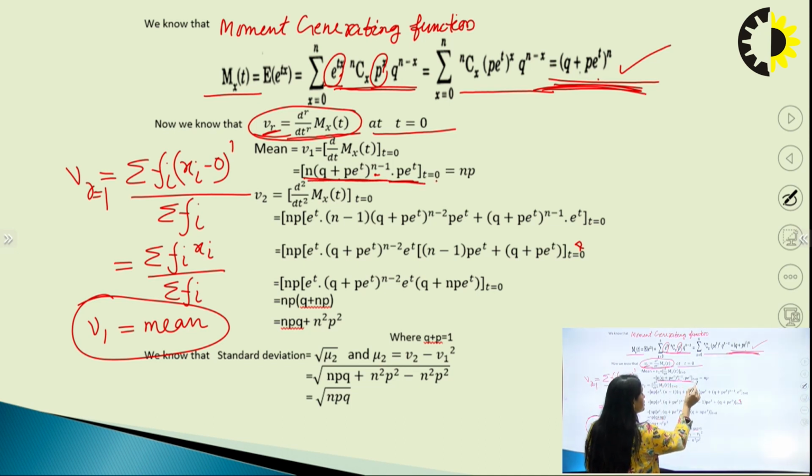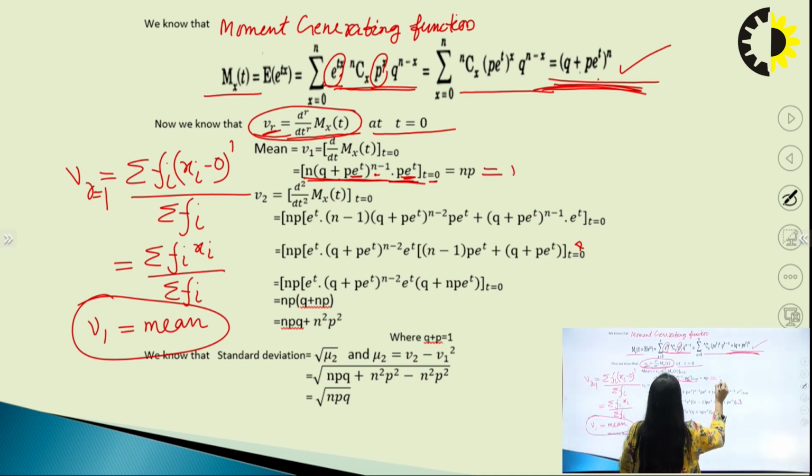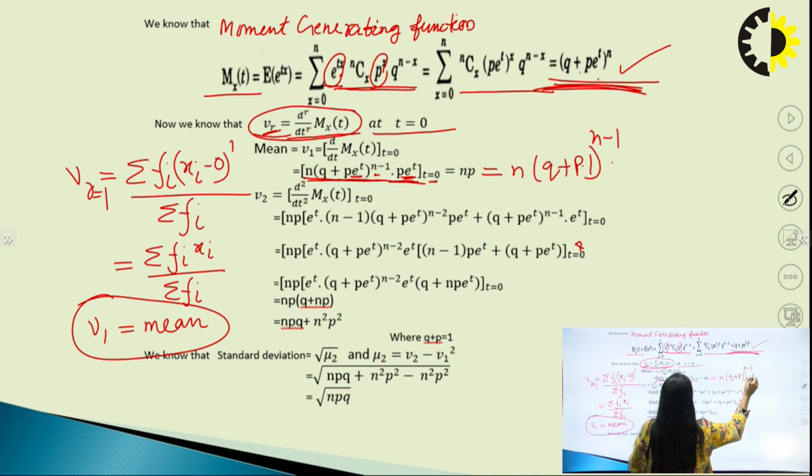When I will substitute t is equal to 0, this e to the power t will become 1, and again this e to the power t will become 1. What we will get? We will get n into (q plus p into 1) to the power n minus 1 into p into e to the power 0, which is again equal to 1.